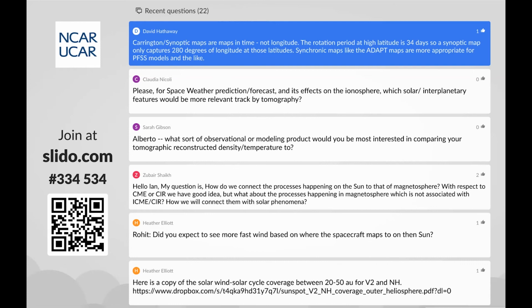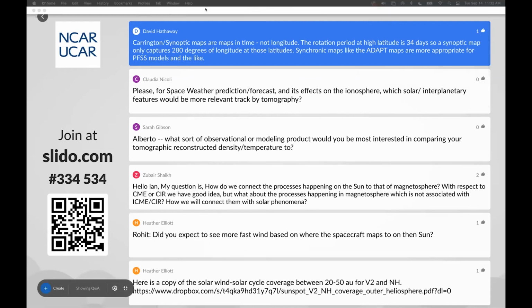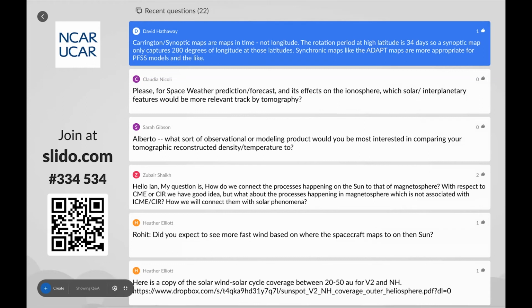This is more a comment than a question, and Pete Riley brought this up a little bit, that the typical synoptic maps that you get are maps in time, not longitude. In particular, at high latitudes where the rotation period is 34 days, in a 27-day period, you only get about 280 degrees of longitude at those latitudes.